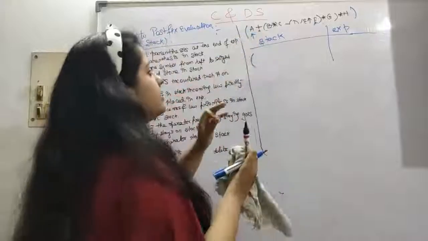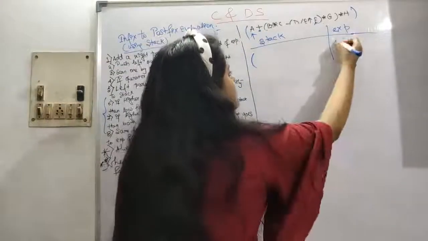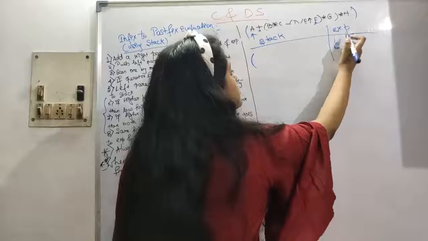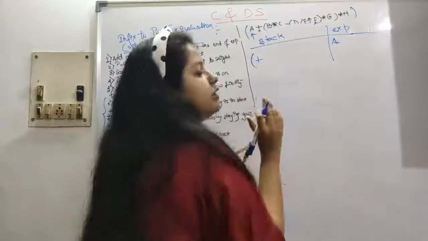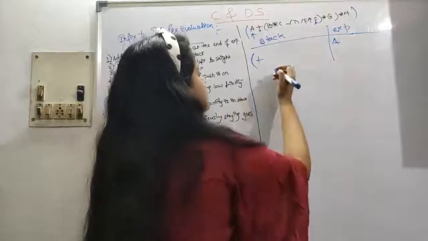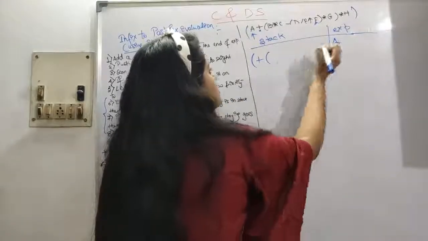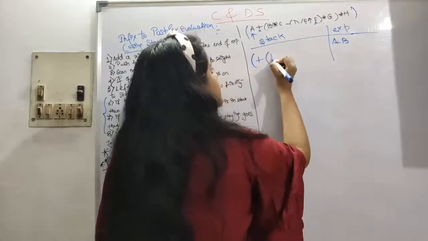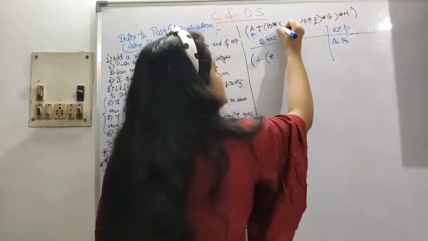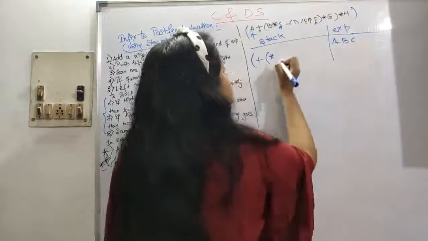A is an operand here, so A is put in the expression. Then the plus operator will always be in the stack, then again an open brace. B is encountered and stored here, then star, then C is stored here.